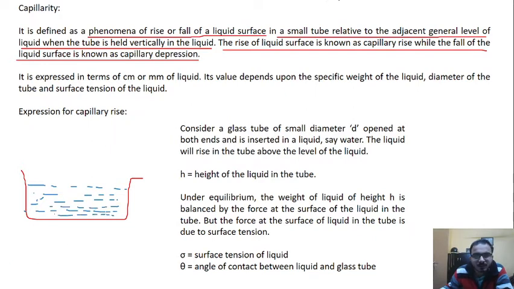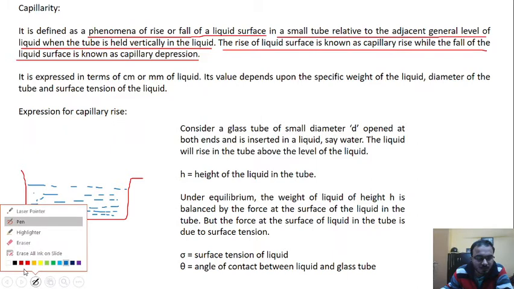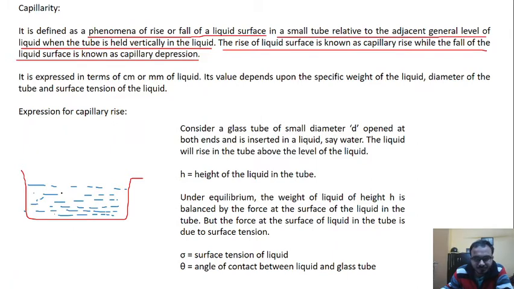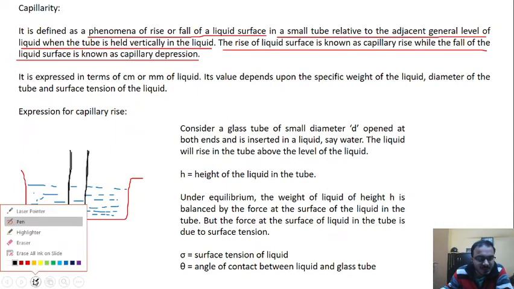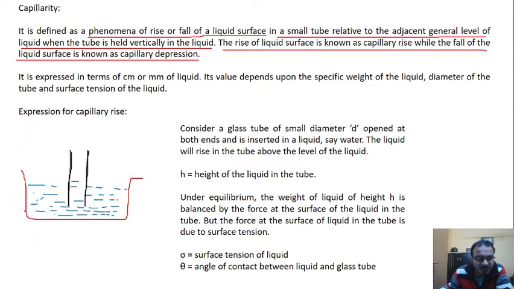And let's put a small tube inside this like this. Okay, let us say that this is our tube. So what is going to happen in this case is there will be a rise of water in this tube, considering it to be water.